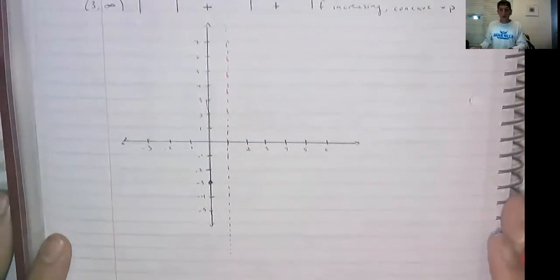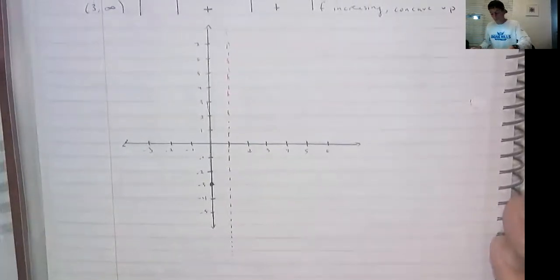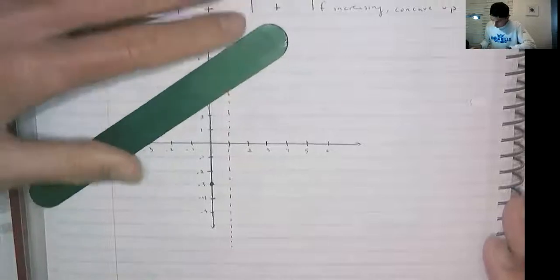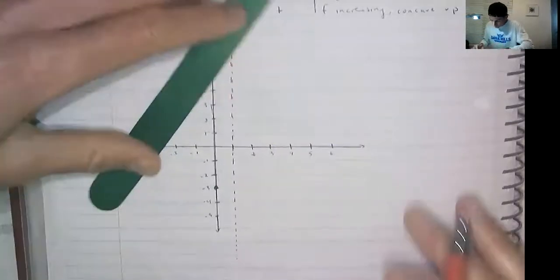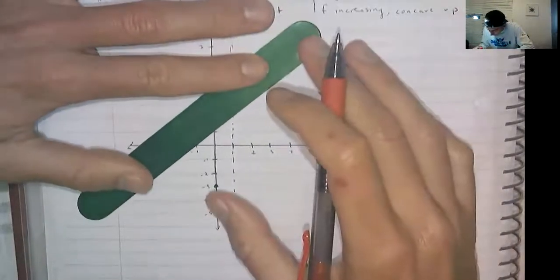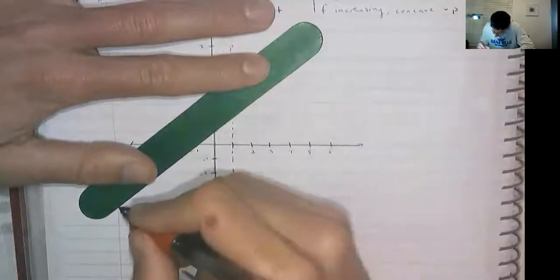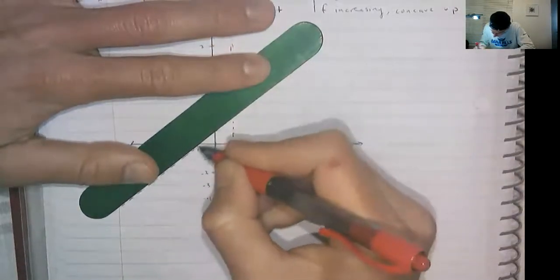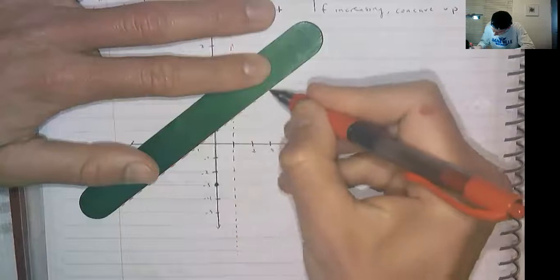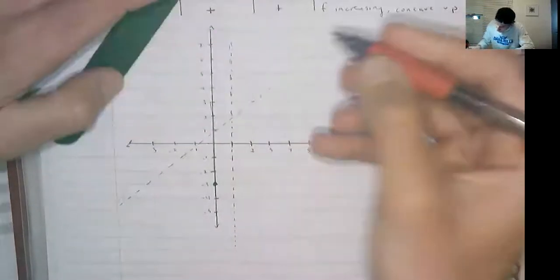And then we had an oblique asymptote at y = x + 1. Let me double check on that just because that would be sad. Yes, x + 1. So like this guy. Cool.